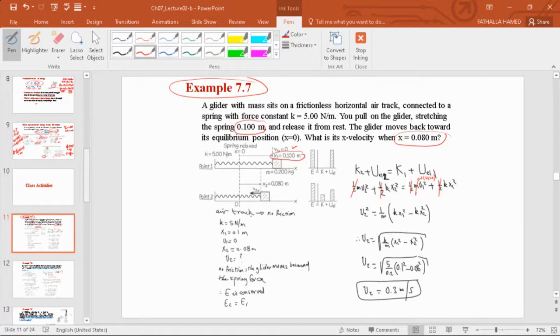Now, they ask you, what will be the v2x when your x is equal to 0.08 meters or 8 centimeters? Now, you know the only force that is doing work here is the spring, and you do not have friction. So your total mechanical energy is conserved, meaning E1 should equal to E2.